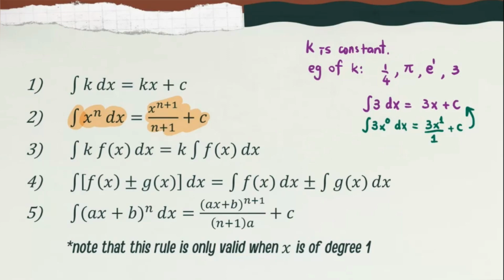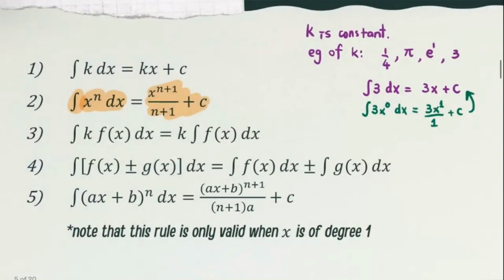Okay, so integration yang ketiga rules dia adalah if you integrate a constant that is multiplied by a function, k f(x) dx, so kita akan factorize constant itu di luar. So dia akan jadi k integrate the function sahaja. So nanti result dia akan dapat k tu takkan ditambahkan dengan apa-apa lah.